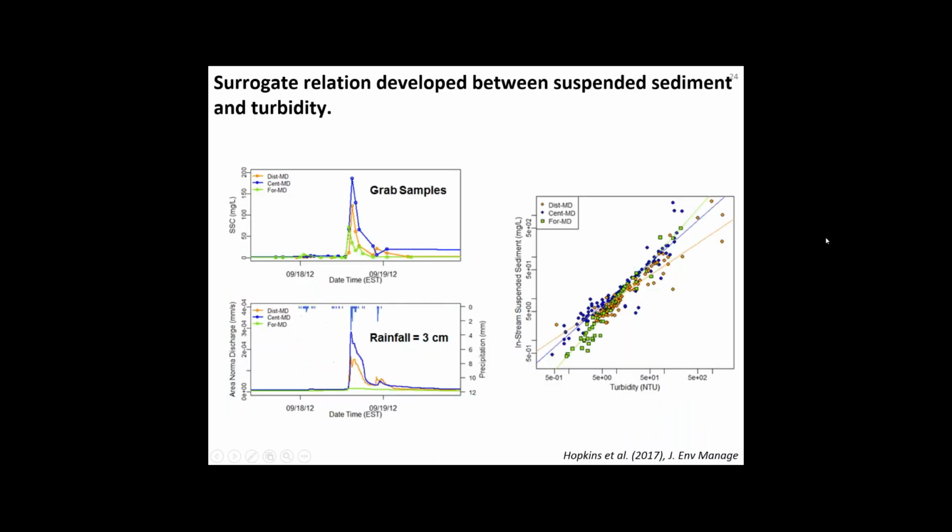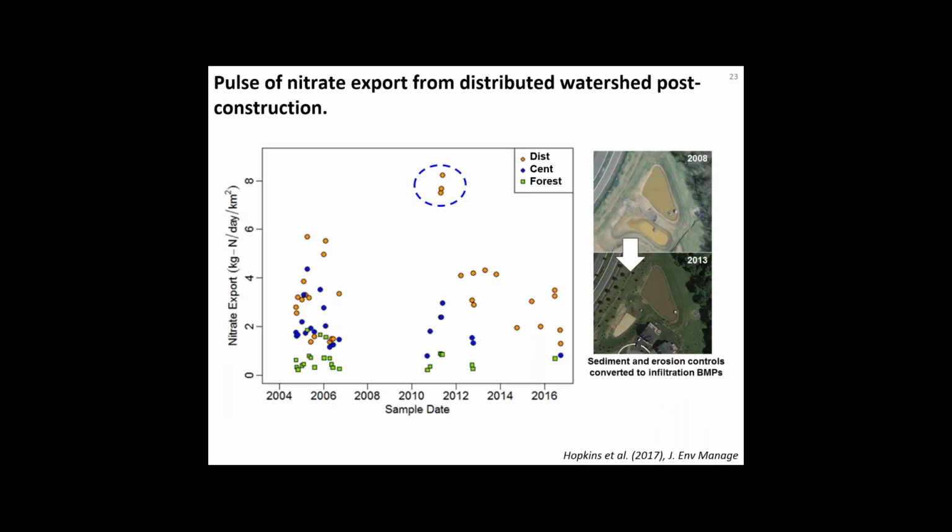If we look at base flow conditions in terms of nitrate export, we can see a different pattern here. During development within this watershed, we see a pulse of nitrate, shown there in the blue circle, during the post-construction phase, which loosely corresponds to this time period when sediment and erosion control facilities were converted into stormwater control measures within the watershed.